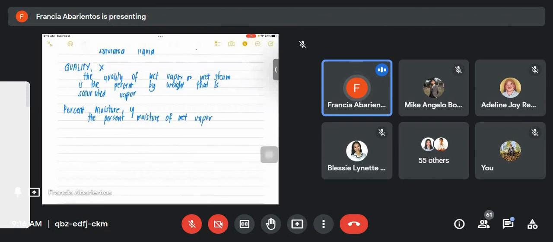Let me write it so you understand better. Wet vapor is the percent by weight that is saturated liquid.